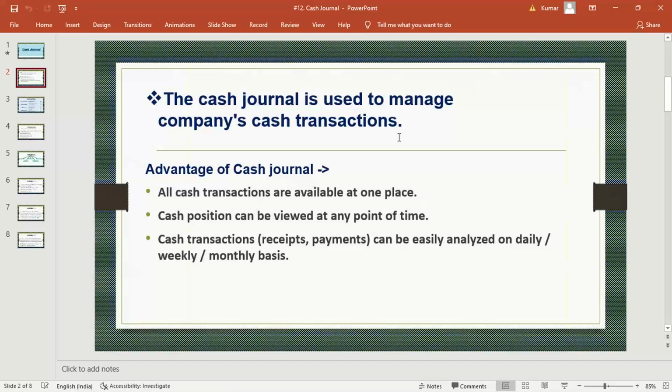So first of all, what is this cash journal? Cash journal is used to manage the company's cash transactions.